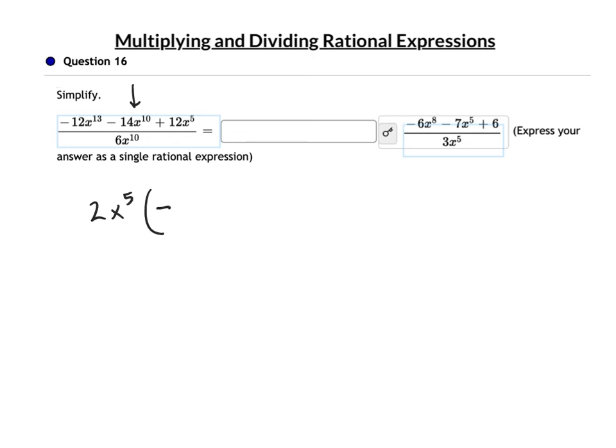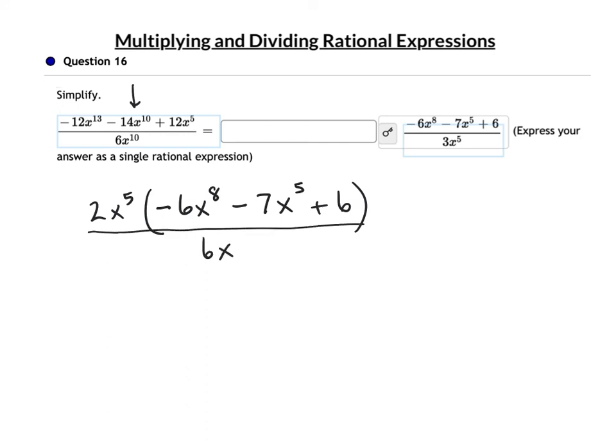Now I've got that negative 6x to the 8th. Minus 7. I'm taking 5 x's out. X to the 5th. Plus 6. Just 6. 2x to the 5th times 6 is 12x to the 5th. This is all over 6x to the 10th.